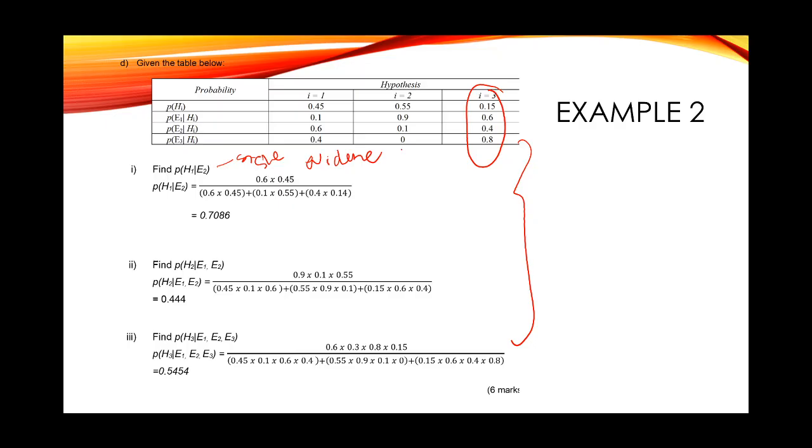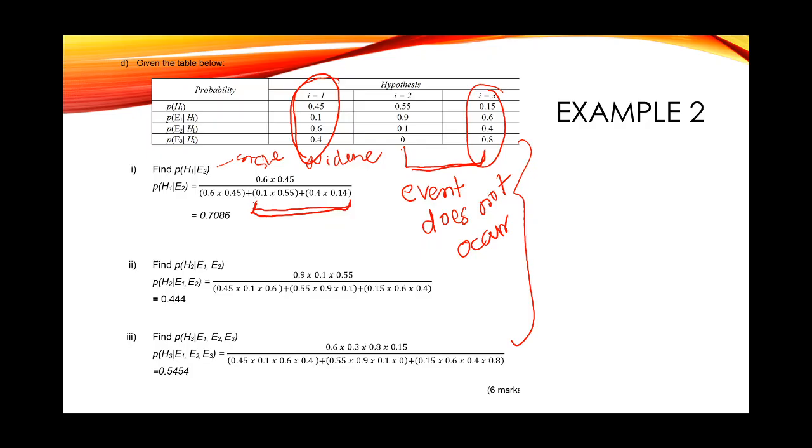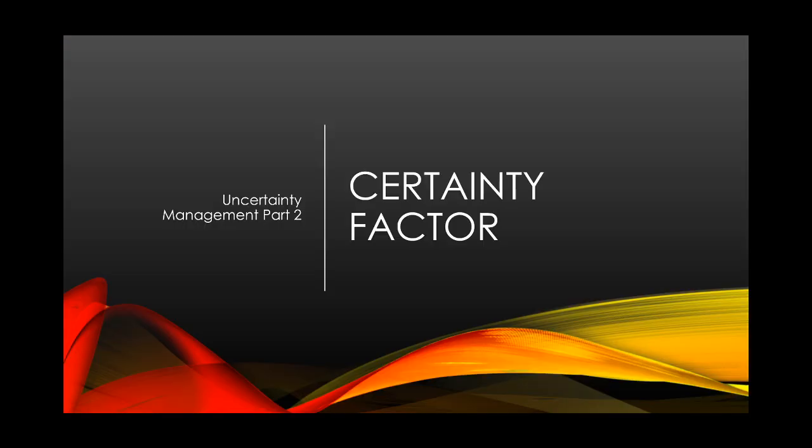If we take a look at hypothesis I1 here, this is where we calculate the event does not occur. So that is why you are going to have these two. Same goes for our multiple evidence. The only difference is multiplying the value or the probability of our evidence here. So next would be the certainty factor.